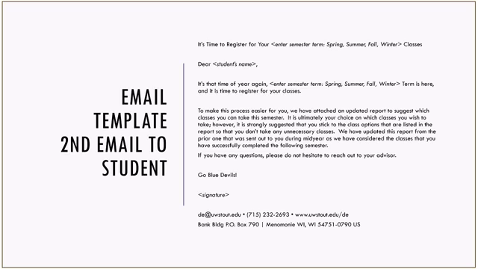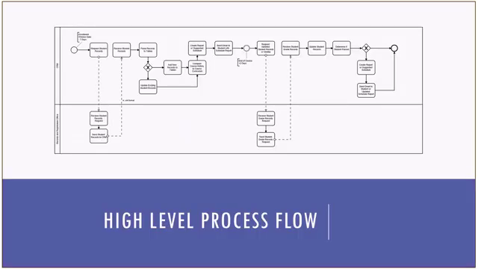And then Sharon will be sharing with us our high-level process flow. Okay, so just a high-level overview of our process. Basically, 7 days before an enrollment window opens, we'll be requesting student records from the Records and Registration Office into our CRM.